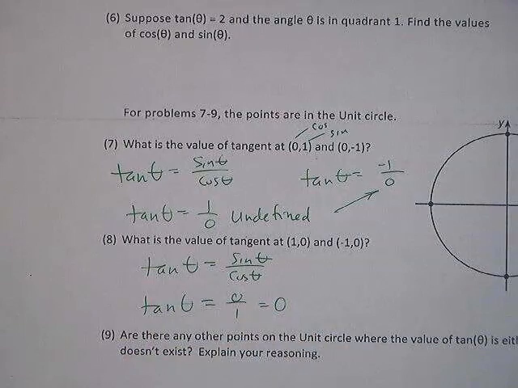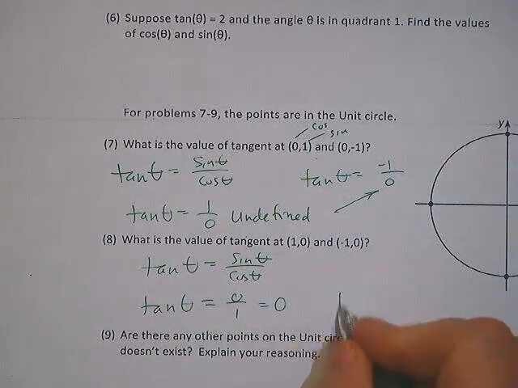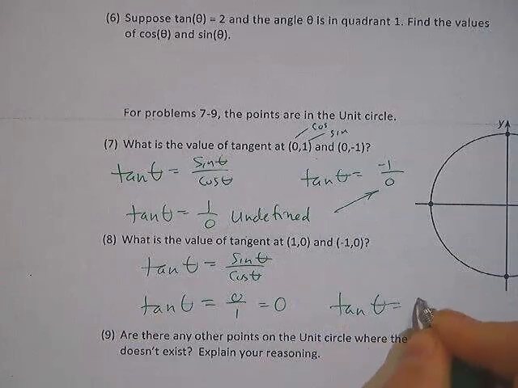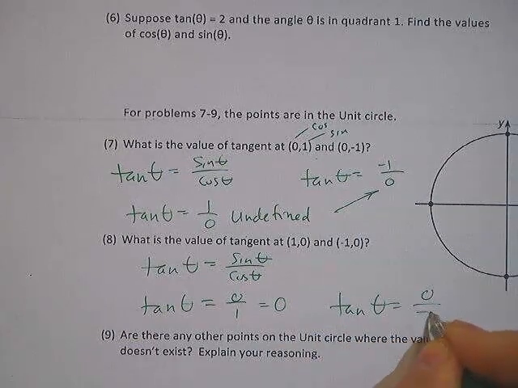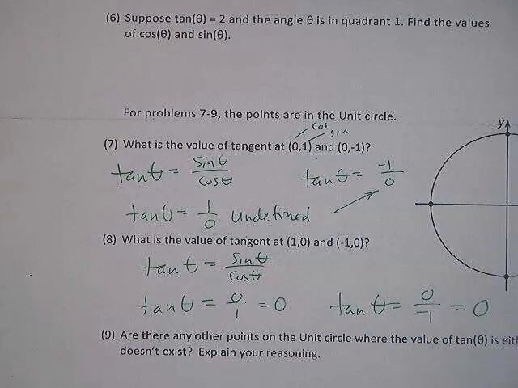So for the first one, the answer is 0. And if I do tangent of theta equal to 0 over negative 1, that also simplifies to 0. So in problem 7, the value of tangent is undefined because you cannot do division by 0. Problem 8, the value of tangent is 0.